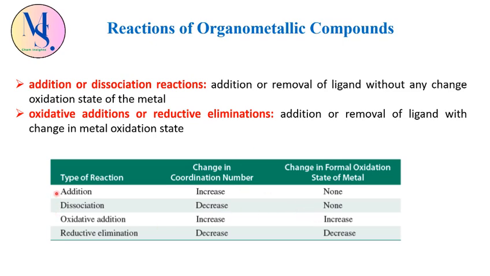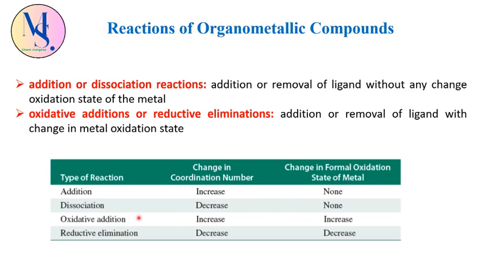So these types of reactions are given in this table as well. You can see in the simple addition reaction, the coordination number of metal changes, but its oxidation state remains constant. And in the simple dissociation reactions, when ligand is dissociated, coordination number changes, but the oxidation state remains unchanged.